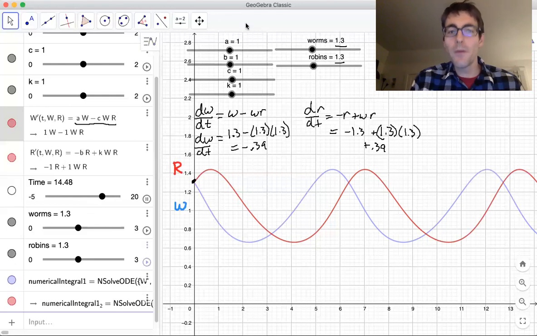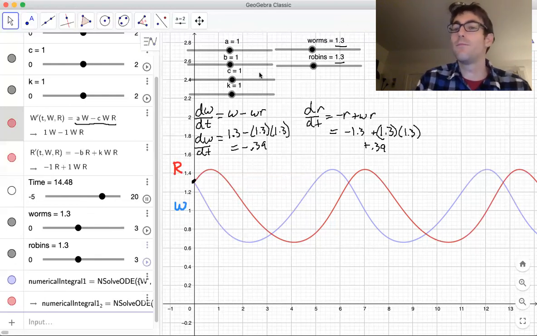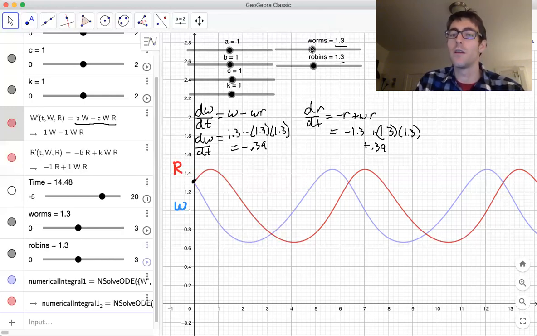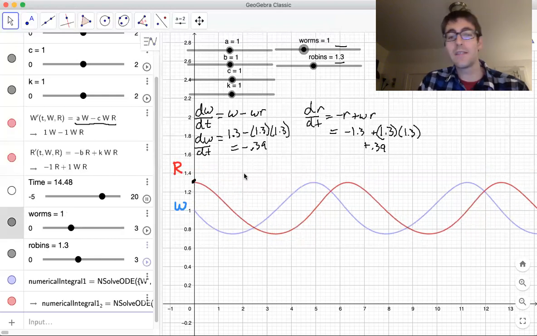A couple other things that we could do is we could play around with these various variables. We could change what the starting conditions were. If, for example, we started with fewer worms, well, we can see our worm population's dropping here, but over time, we're still going to get this same type of cyclic pattern.